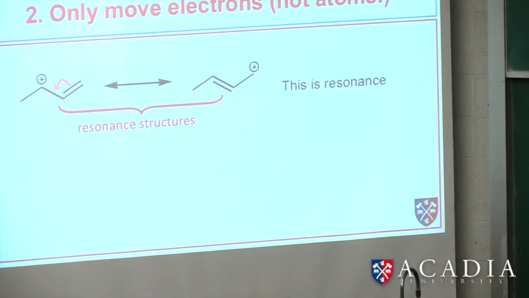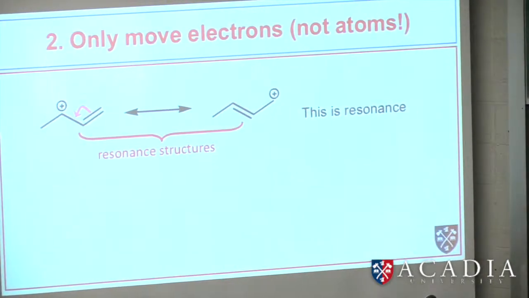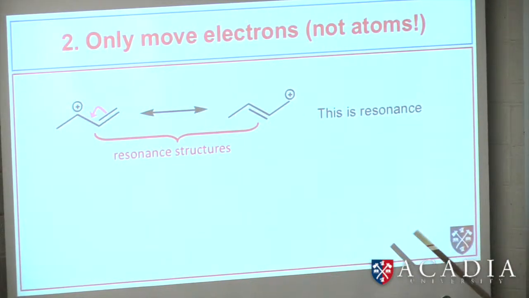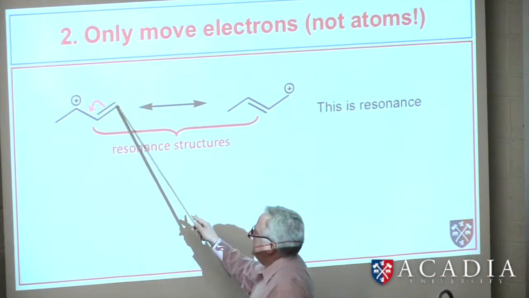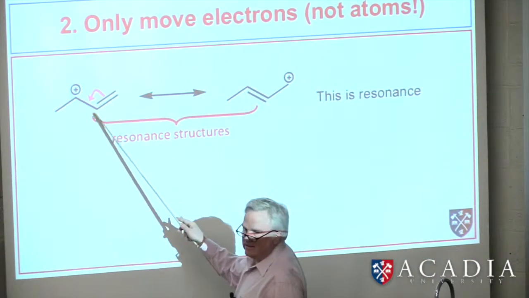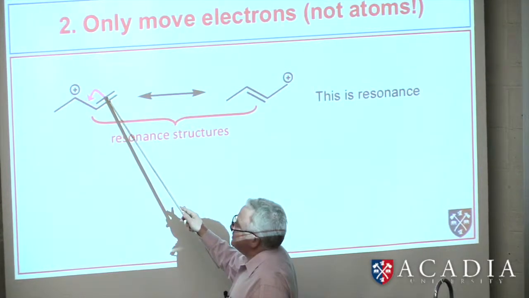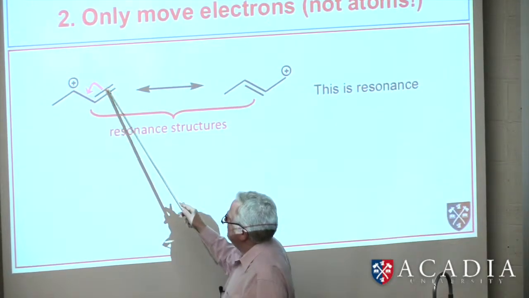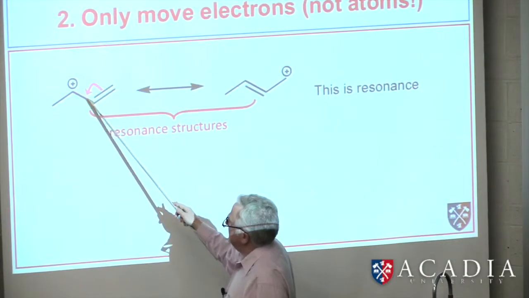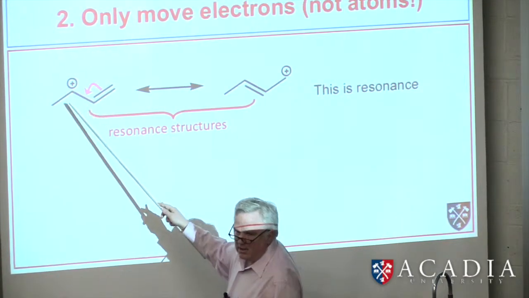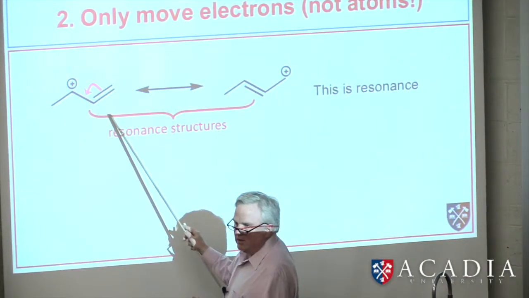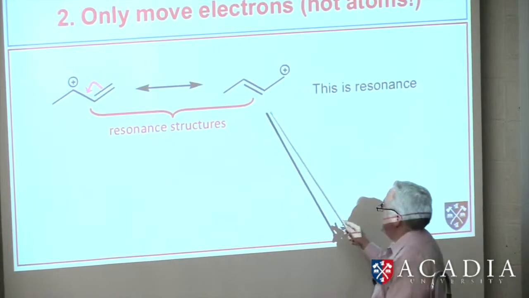We can indicate we're going from one structure to the next with our curly arrows, and we're just saying because these p orbitals are all in a line and in the same plane, we can think about moving the electrons from this double bond over to here, because that's an empty p orbital if this structure were just static. And then we end up with this.